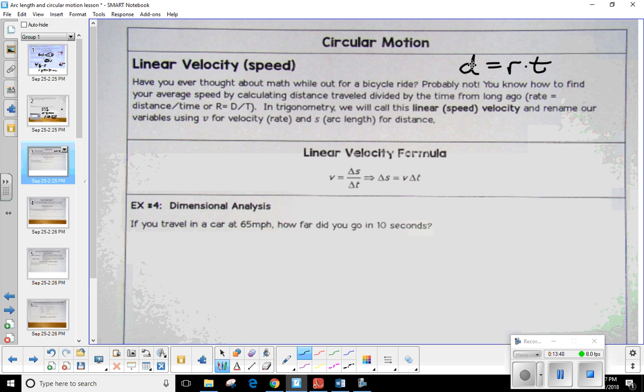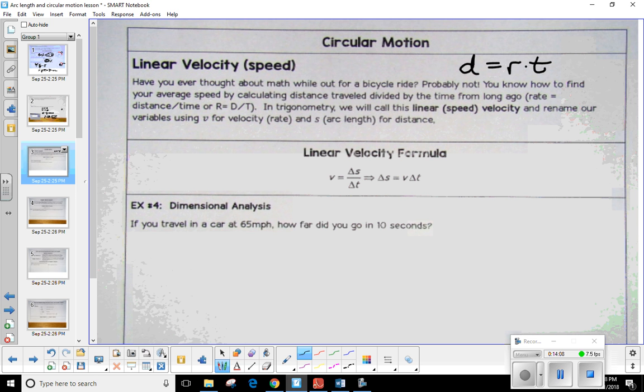So we're going to be using this idea here, but in trigonometry, we're going to call this linear velocity or linear speed. Normally, one of the things we're going to talk about in the second semester is something called vectors. It represents speed, but it has to have a direction, right?